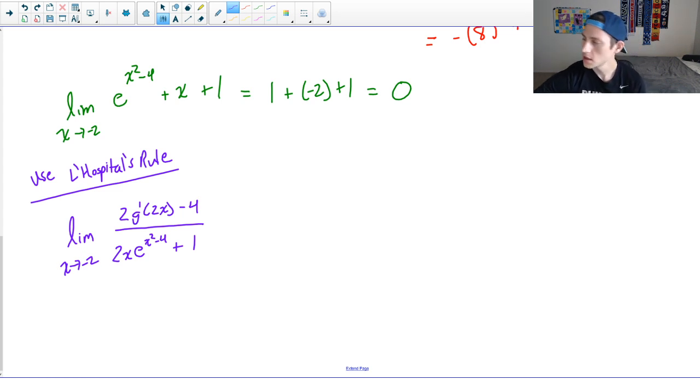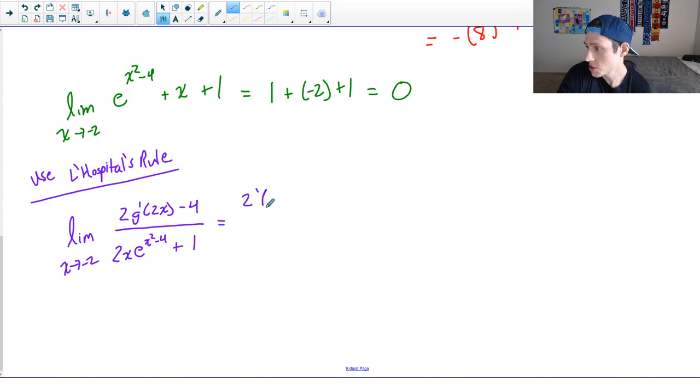Okay, so just looking at this, I think this will turn out a little bit better for us, but let's see. Who knows? We might have to use L'Hopital's rule again. There's really no way of knowing immediately. All right, so let's just try to plug in -2.